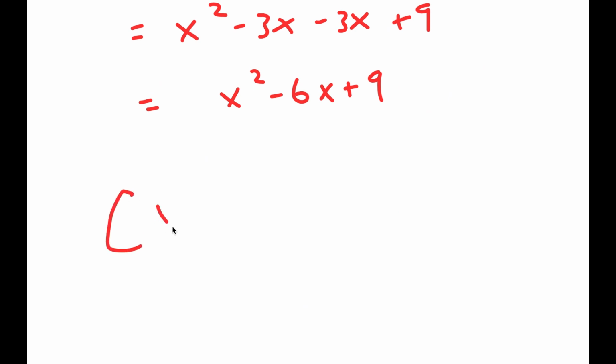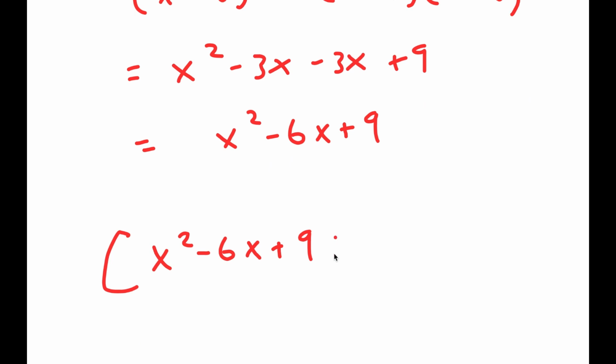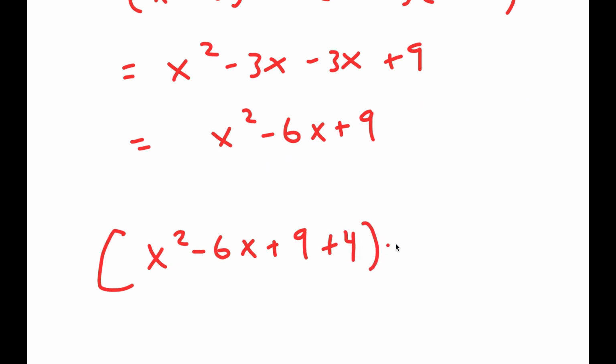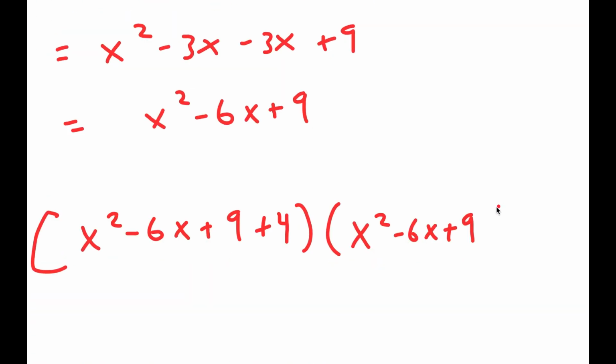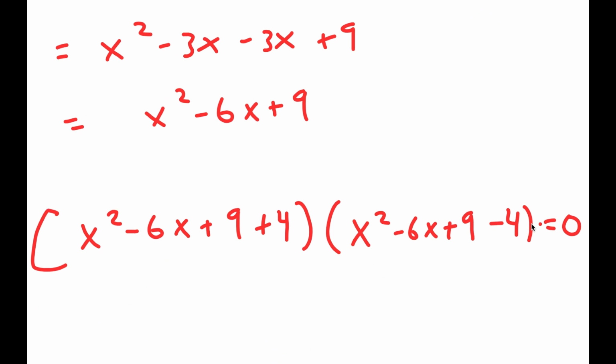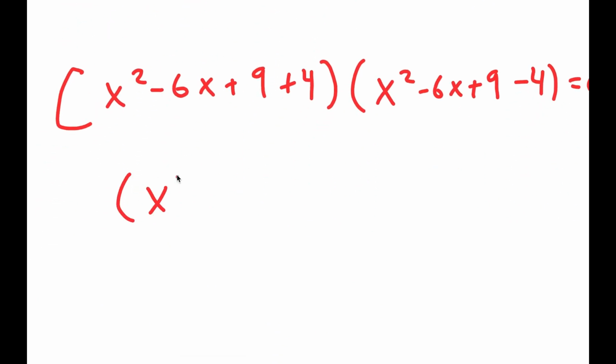So this means I get (x^2 - 6x + 9 + 4) times (x^2 - 6x + 9 - 4) is equal to 0. And to combine like terms, 9 plus 4 is 13.